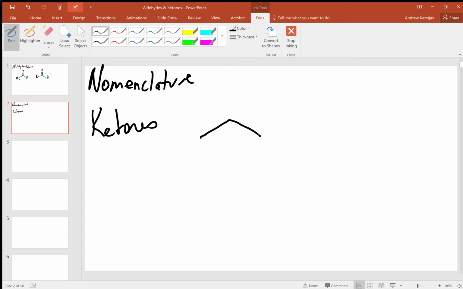So if you recall with alcohols, we numbered our parent chain so that the carbon with the alcohol got the lowest possible number. And something like this we would have called 2-pentanol.